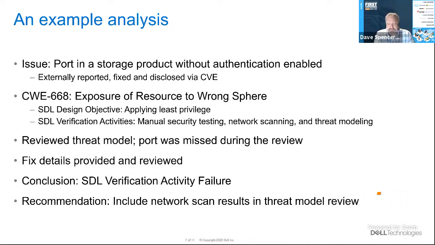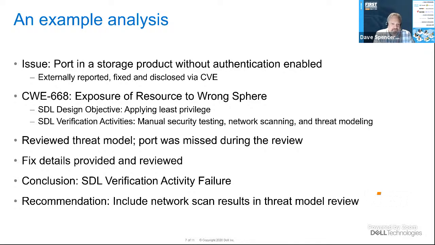I actually don't remember which one it was. There was a port on that storage product that didn't require authentication. And it turns out it was meant to be on a management LAN, and it was on a front end LAN or something similar to that. And that was reported to us externally, and we had to fix that issue and then disclose it via CVE.